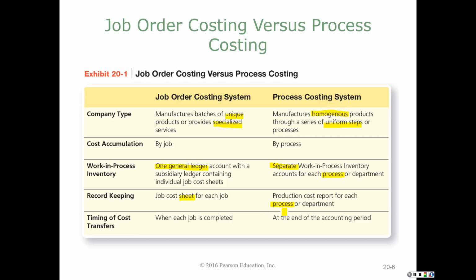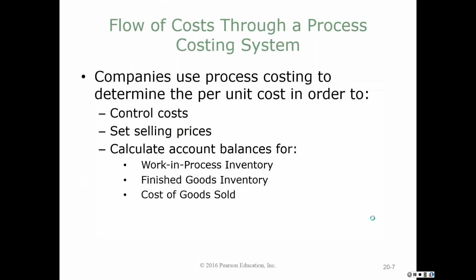So at the end of every accounting period, we will transfer the cost from one process to the next, and ultimately into finished goods, and then into cost of goods sold. Okay? So basically, as we've mentioned, with a process costing system, we want to be able to identify the cost in each process or department, and to be able to identify ways that we can make that process or department more efficient.